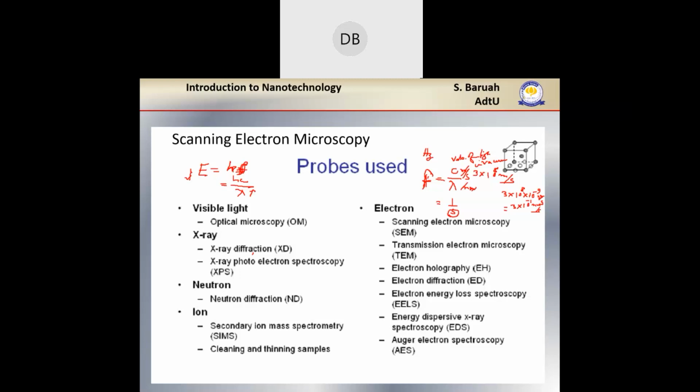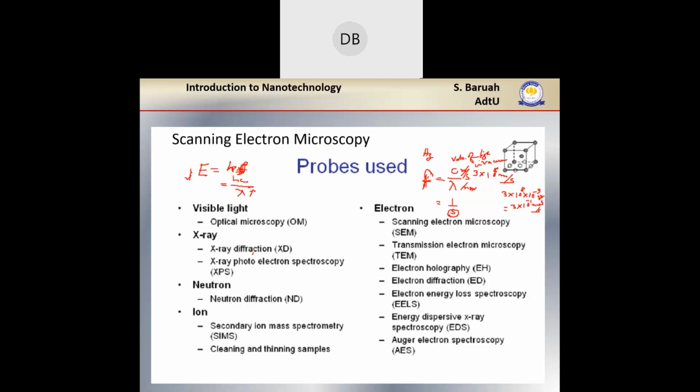X-rays, like I told you in the last class, are very difficult to generate and the intensity is very low. That's why we use X-rays only for very specific studies, like elemental analysis, because every element emits a different type of X-ray. Once we get the X-ray, we can verify which elements are present that are sending out the X-rays. So for imaging, that means to actually visualize something of that size range, we prefer electrons.